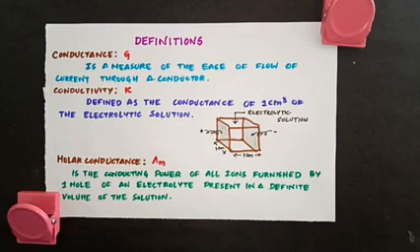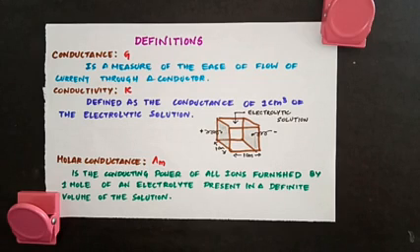The first term is conductance, which is represented as G. It is a measure of the ease of flow of current through a conductor. The next term is conductivity, represented as kappa. Conductivity is also called specific conductance.